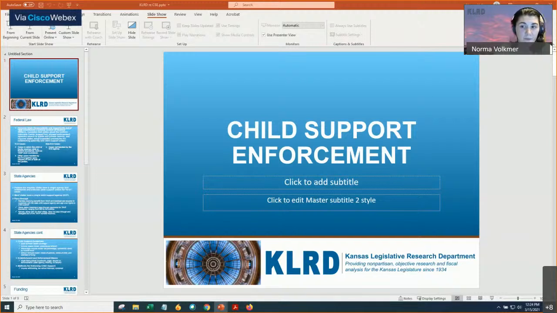The second is the percentage income model, and that's a set percentage, sometimes varying by income level. And the third is the Melson formula model, in which the needs of the parents, the needs of the child, and the standard of living are all considered. The most popular is the income shares model, and that's what Kansas uses. The Melson formula is primarily in, I believe, Delaware, which is where it originated.